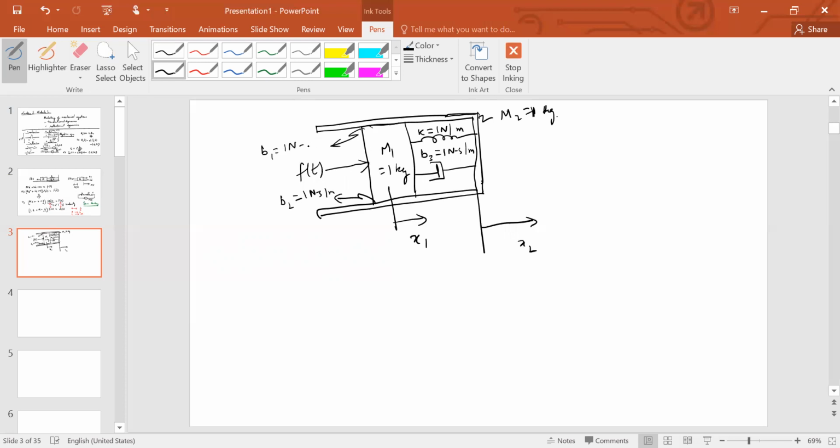So these two surfaces both have the same kind of friction. Additionally, this entire setup is resting on a surface which also has the same damping coefficient, 1 Newton second per meter. The point is, how do you write the equations in one go?